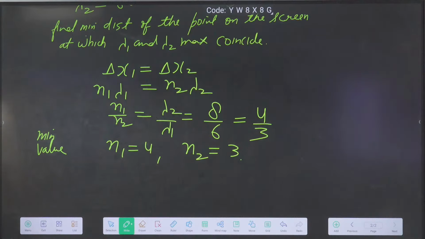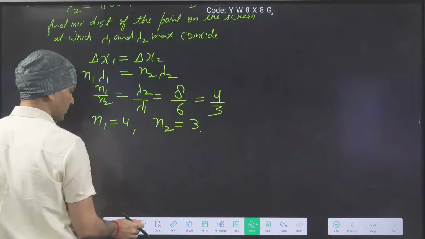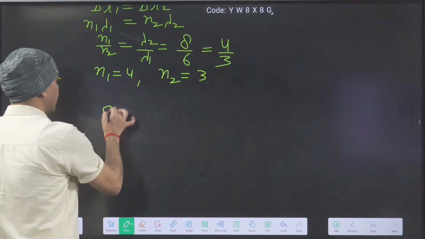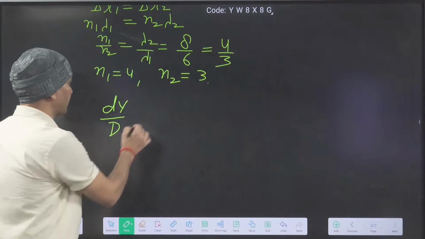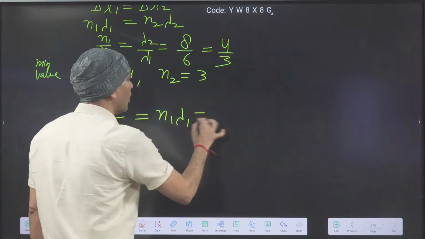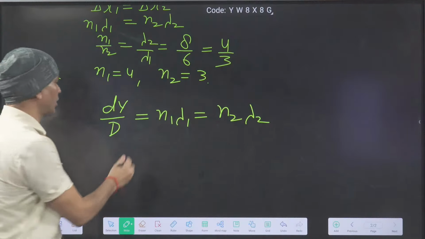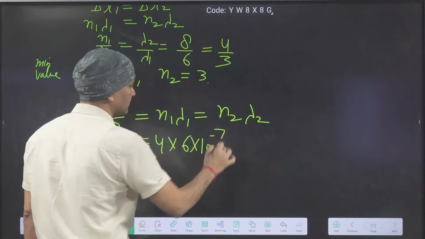Okay. Now I am asking for the distance. It means I am asking for Y. Then what can I say? dy by capital D. Same point means Y will be the same. Now you have the choice: you can write N1 lambda 1 or N2 lambda 2. If you are writing N1, then N1 value will be 4. Lambda 1 what I gave? 6 into 10 to the power minus 7.